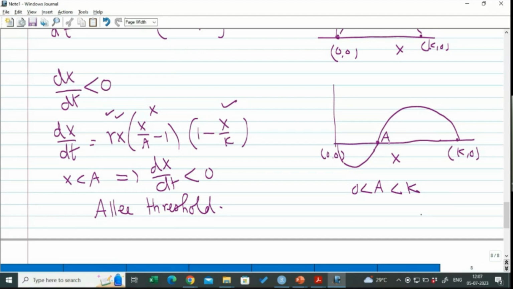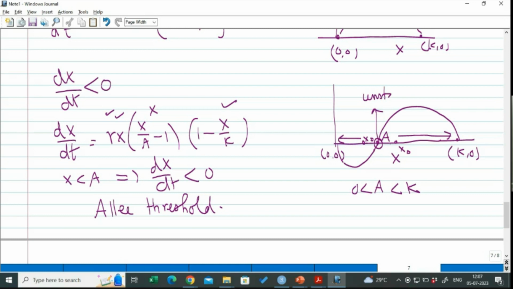If we start from an initial condition x naught from here, the population should settle down over here. If we start from population size x0 below A, then it is going to go extinct to 0.